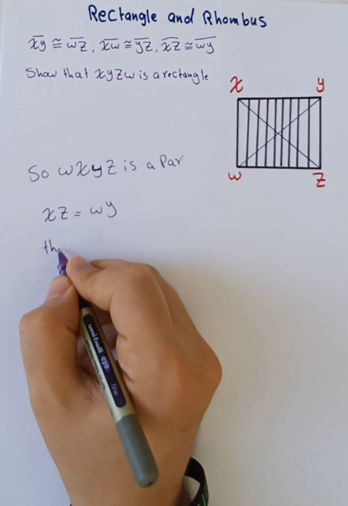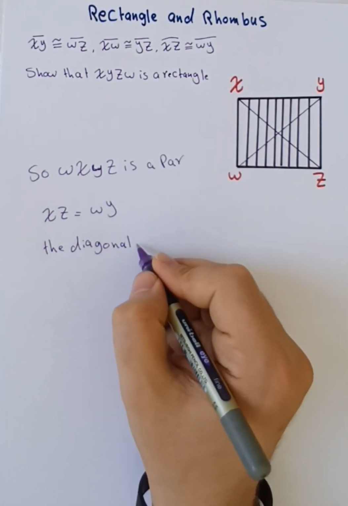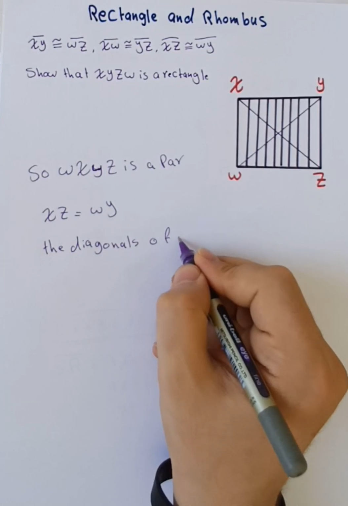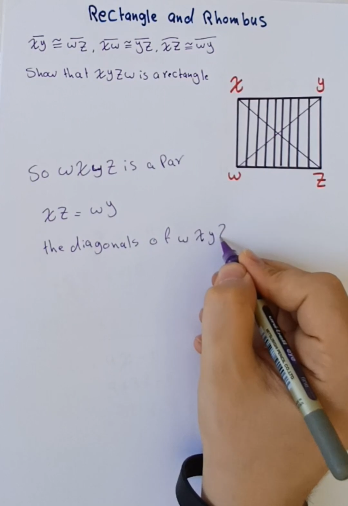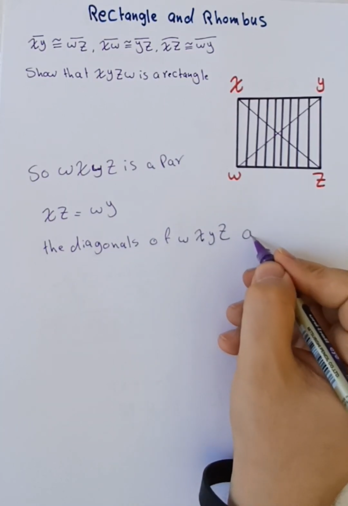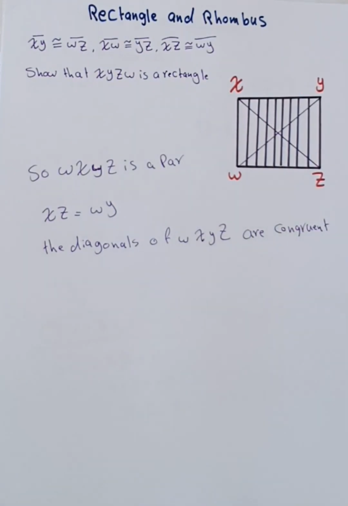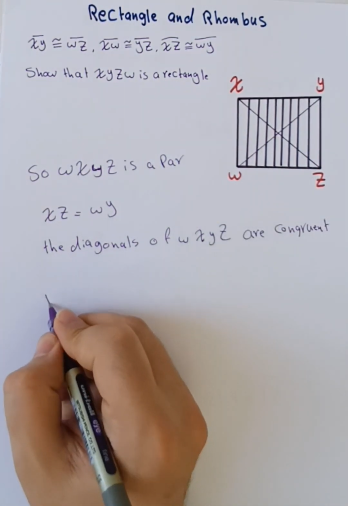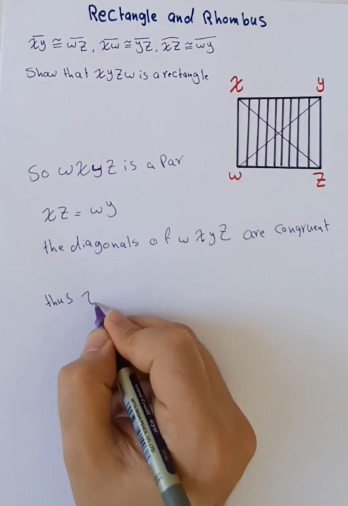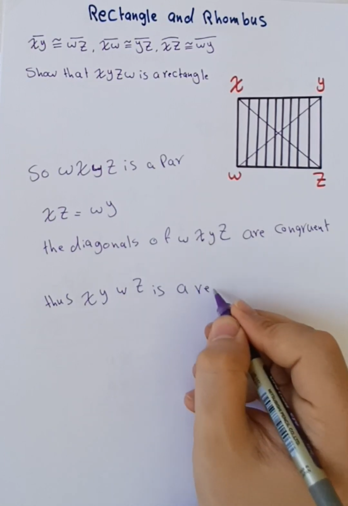So we can say the diagonals of WXYZ are congruent. So because the diagonals of this figure are congruent, we can say XYZW is a rectangle.